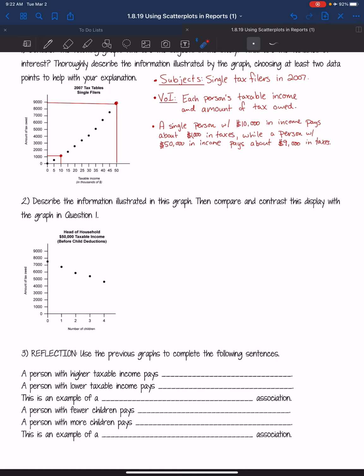So I'm going to talk about, first thing I want to say, a head of household filer. We're just going to talk about the title.